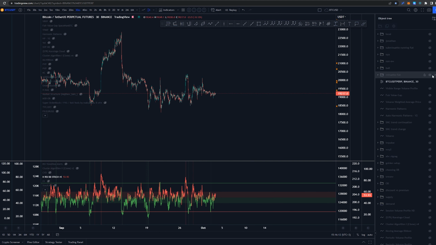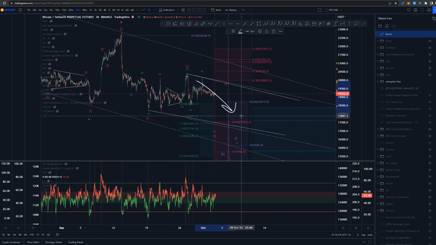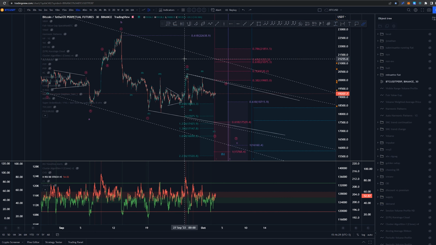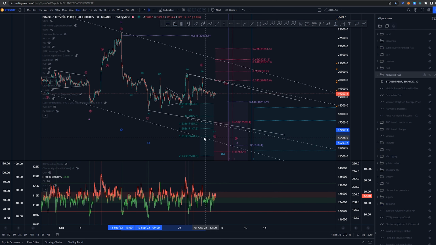So that is very much a possibility, and that might be the right way to call that a wave 2, just because of the time element here with the contracting diagonal. We are expecting the length as well to go down as we go forward in time, so this third wave should be smaller than wave 1. Now if we place the wave 2 here instead, we could be stretching out this structure.